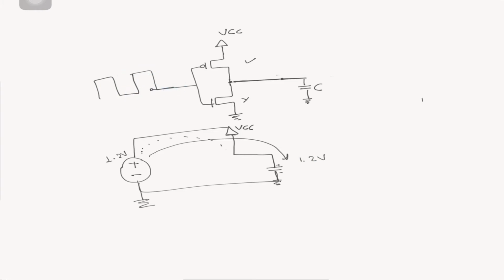This type of signal is coming. So when it's 0, PMOS was on. Now let's say this signal goes to 1. When it goes to 1, your NMOS conducts. Now your circuit is something like this.